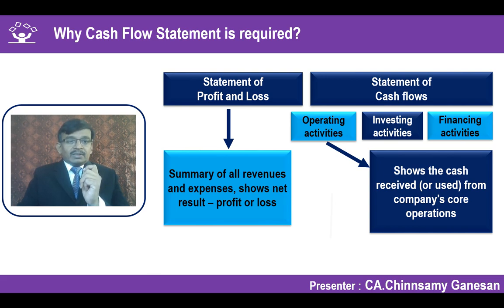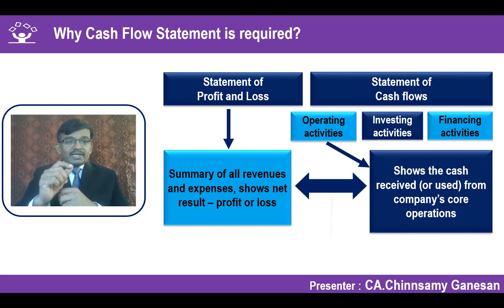For example, the total net cash generated in the ordinary course of business in which the entity has engaged is the cash flow from operating activities. Suppose the profit and loss account shows a profit and the net cash flow from operating activities shows a negative. There is a gap between the cash flows actually generated and what is shown as the profit as per the profit and loss account.